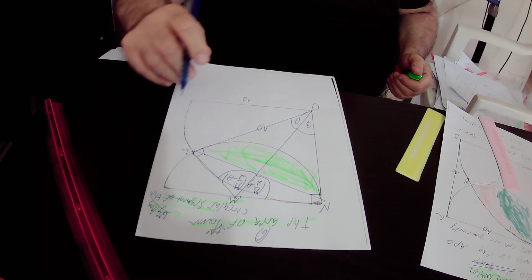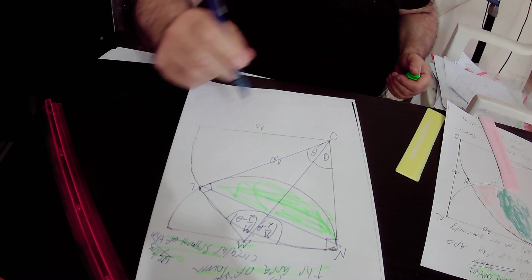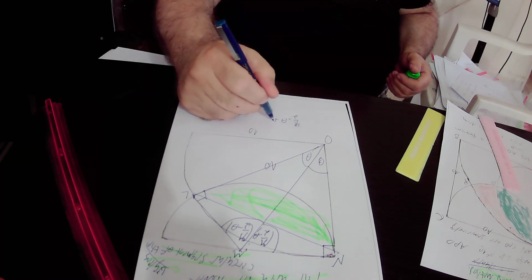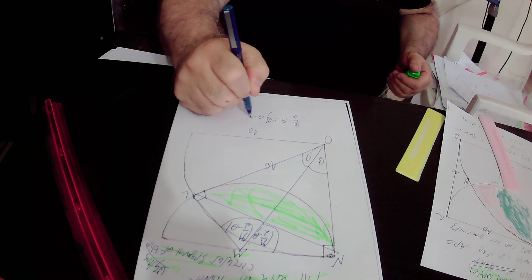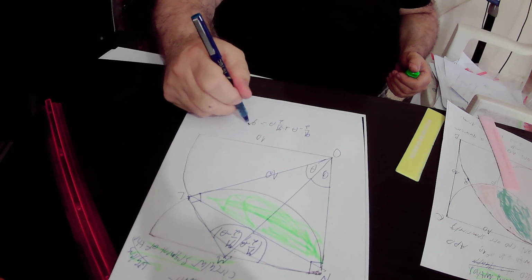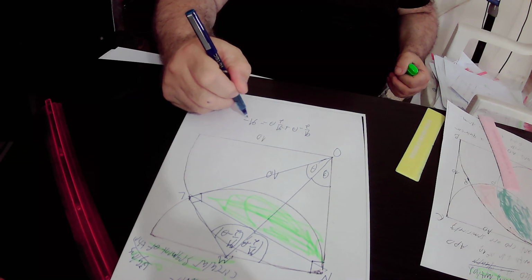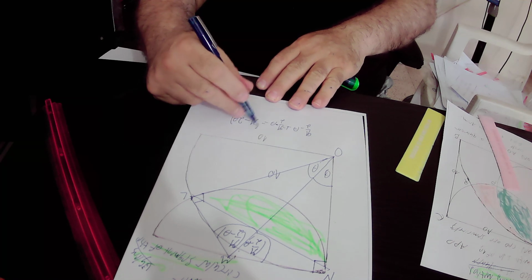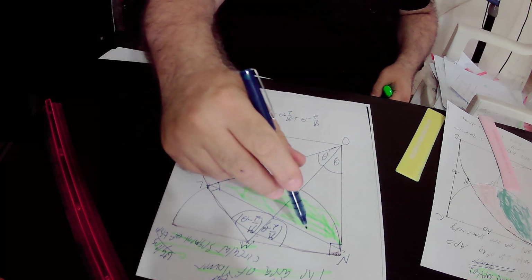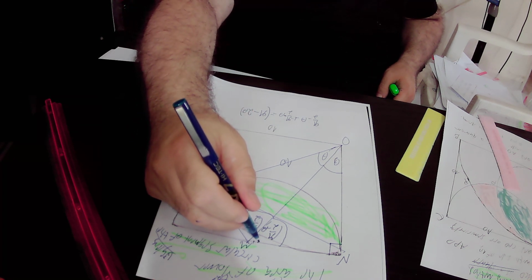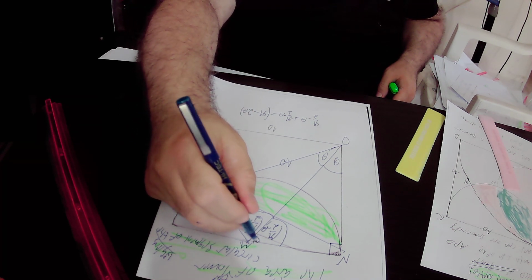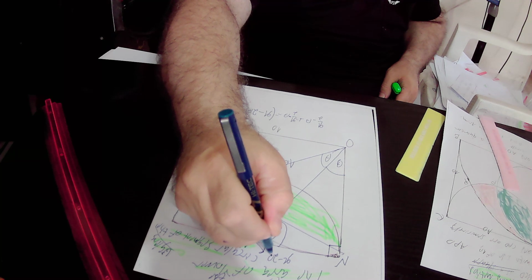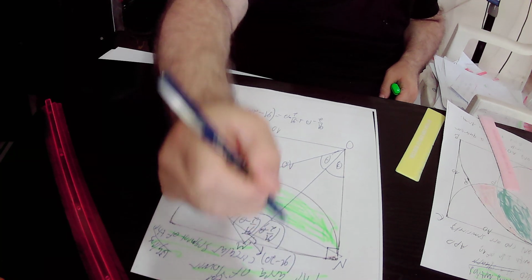Okay, so here pi over 2 minus theta plus pi over 2 minus theta equals pi over 2 plus pi over 2 is pi, minus theta plus minus theta is minus 2 theta. So in conclusion, we found out that the size of this angle NML is actually equal to pi minus 2 theta. Okay.